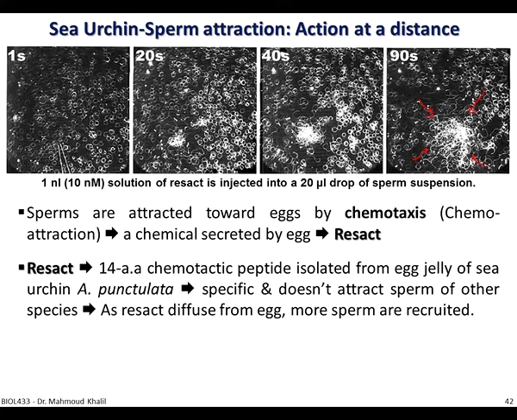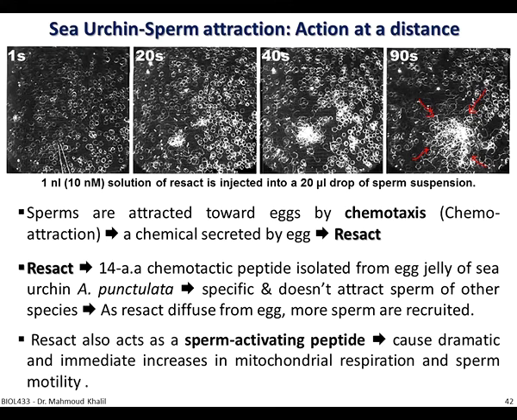The more resact is diffused from the egg, the more sperms are recruited. As well, resact acts as a sperm activating peptide. It causes a dramatic and immediate increase in mitochondrial respiration and sperm motility.